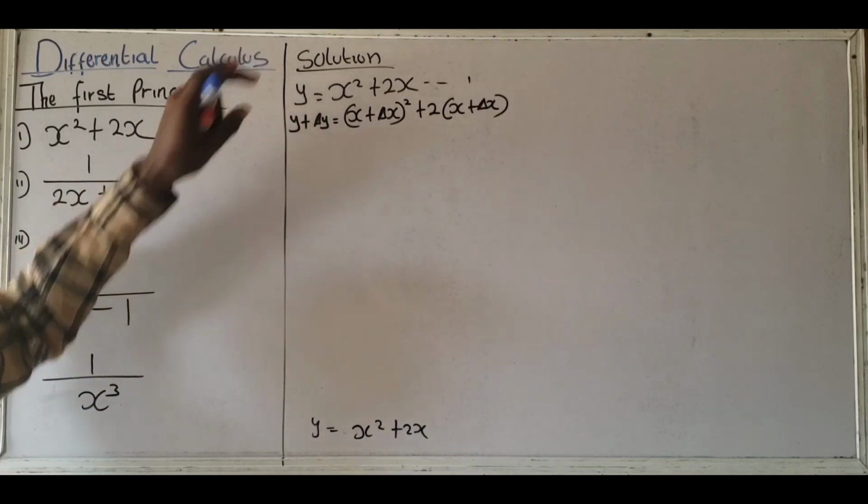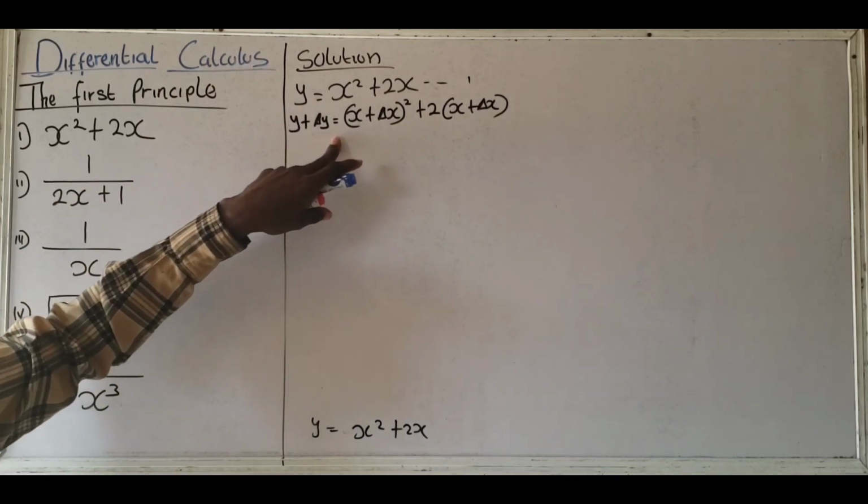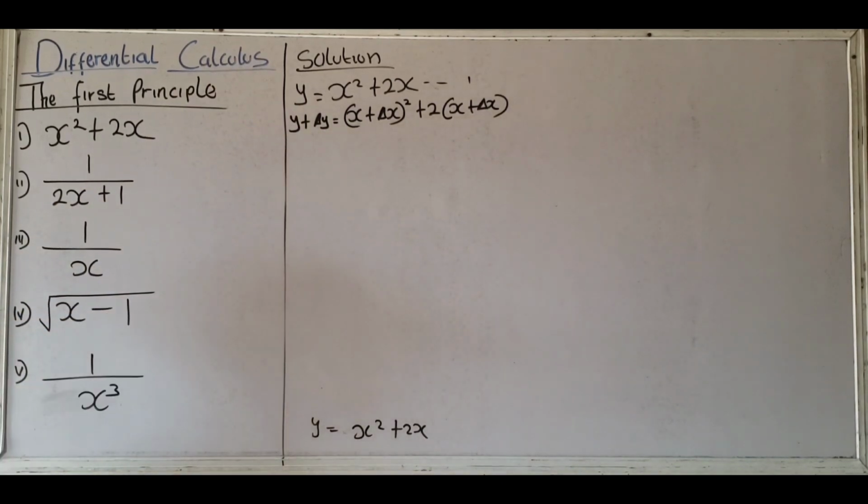And anywhere I see y in equation 1, I'm going to replace it as y plus delta y, you understand? That is what I mean by let there be an increment in x by delta x. There will also be a corresponding increment in y by delta y. Okay, now we can proceed by expanding the right hand side of the equation.